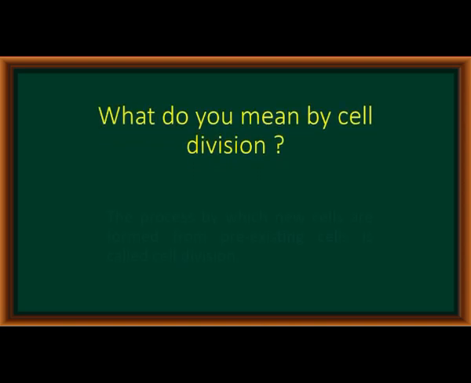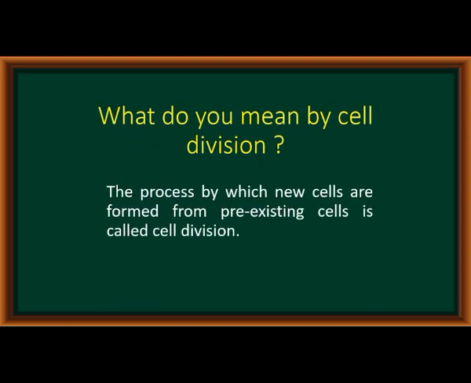What is cell division? So this is very simple. The process by which the new cells are formed from the pre-existing cells is called cell division. Now, cell division is one of the most fundamental characteristics of life because cell division is the method which enables life to perpetuate generation after generation.